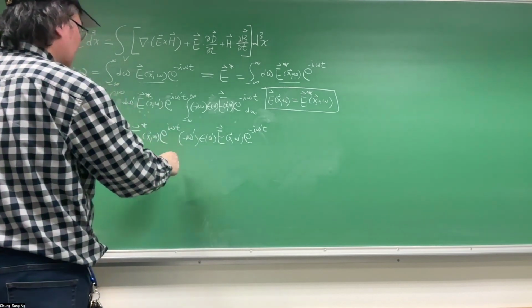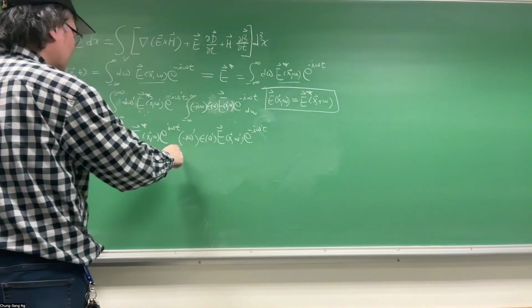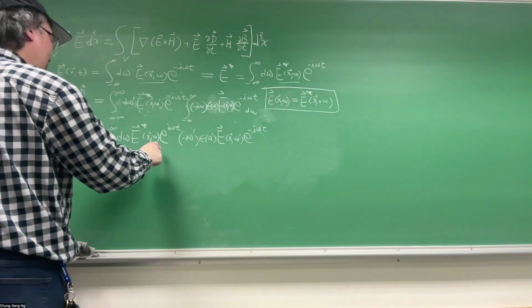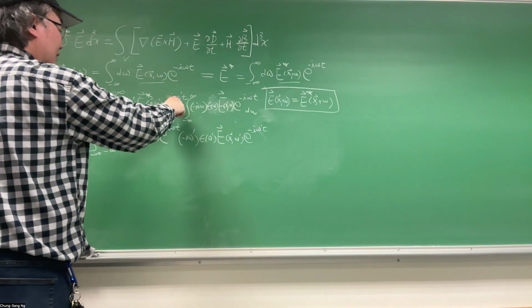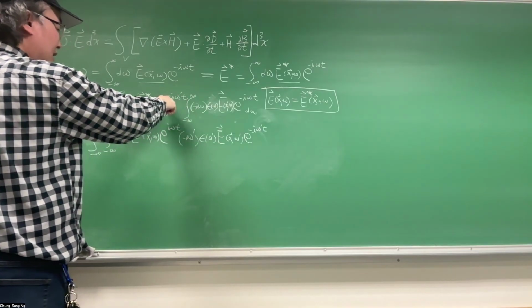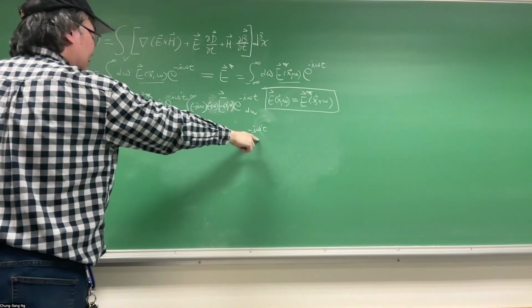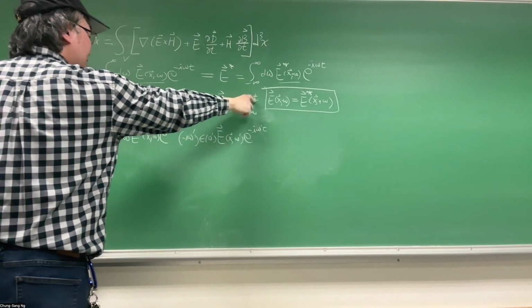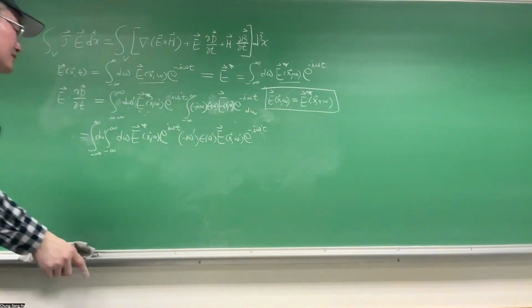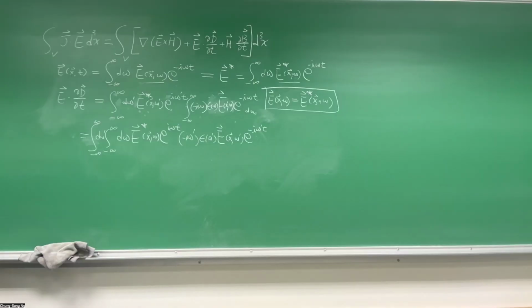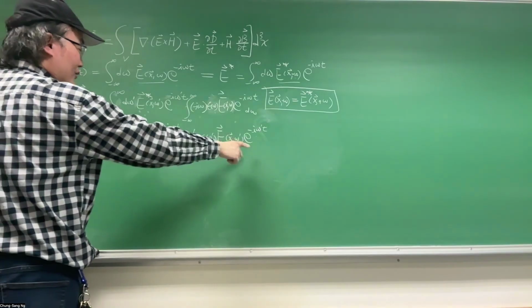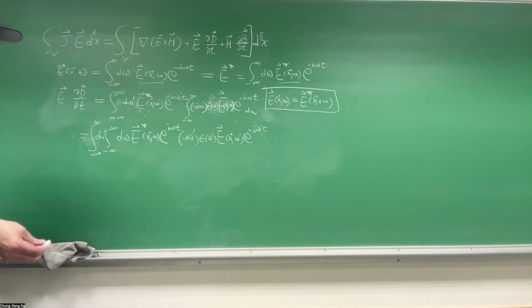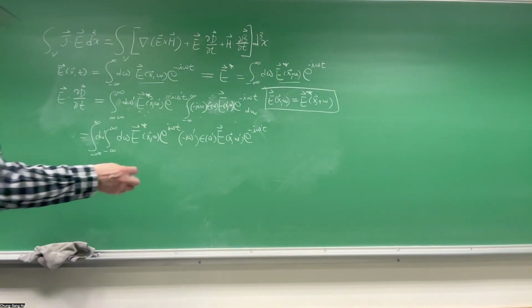Now the idea is to go back to something similar to this one. But this omega prime has a positive sign, omega prime here is a negative sign, and likewise, this is minus i omega t, this is i omega t. So the next step is to change omega to minus omega and omega prime to minus omega prime, just like what we did before, right?